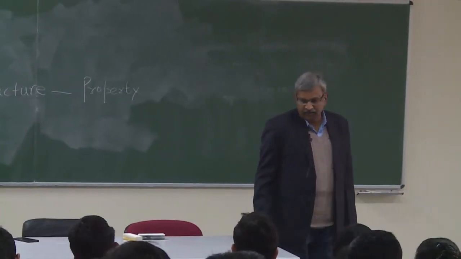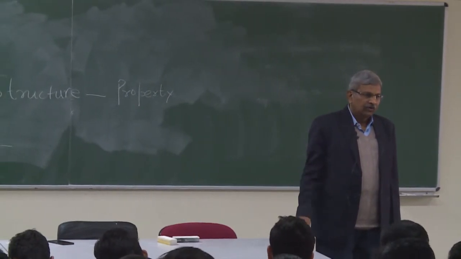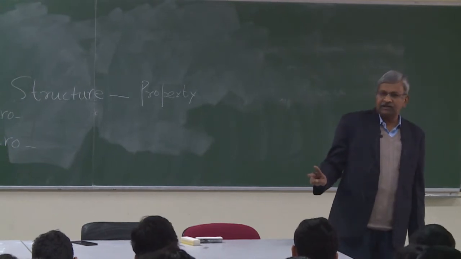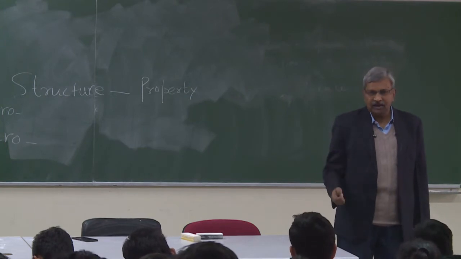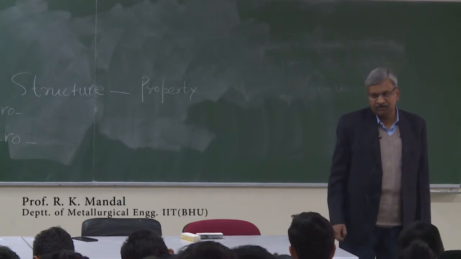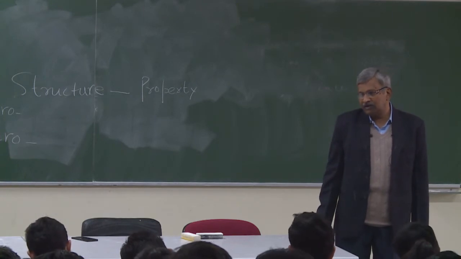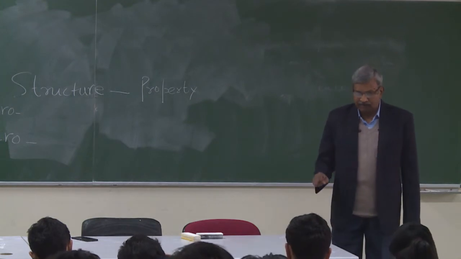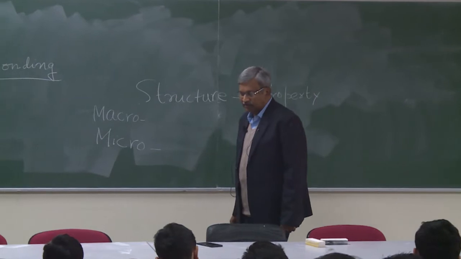So how much micrometer is this? 100 micrometer. So if two objects are placed at less than 100 micrometer of separation, you will not be able to see it with the naked eye. This requires a microscope.